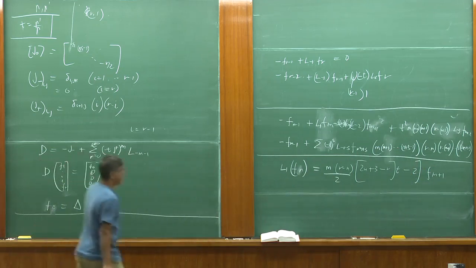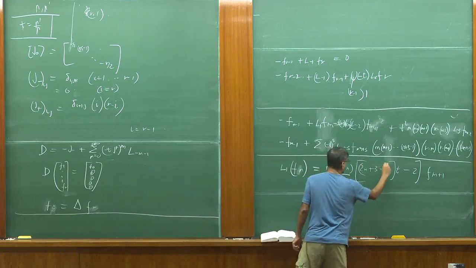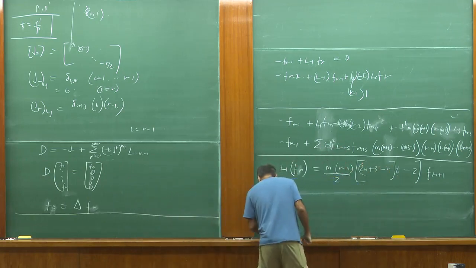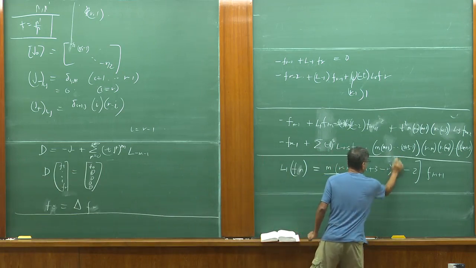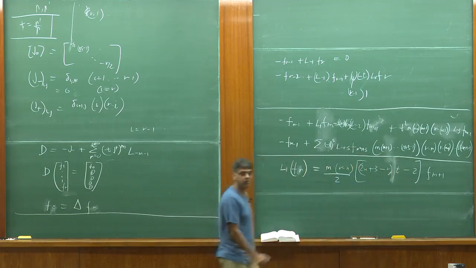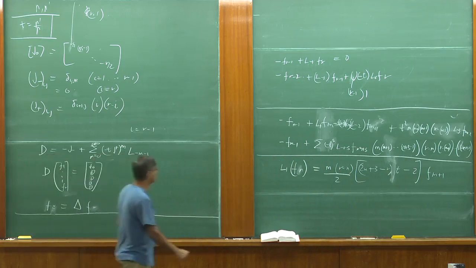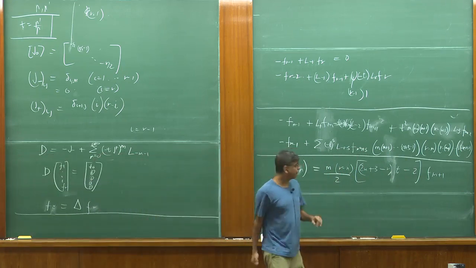The thing that multiplies t is in a bracket, and this guy is not. So this is the thing we're going to establish for all values of m.